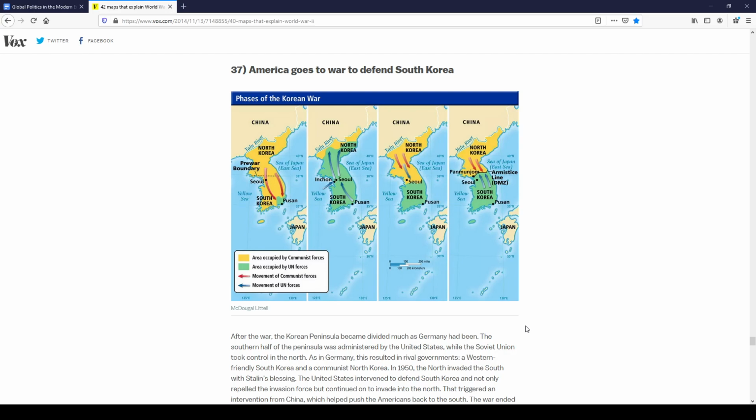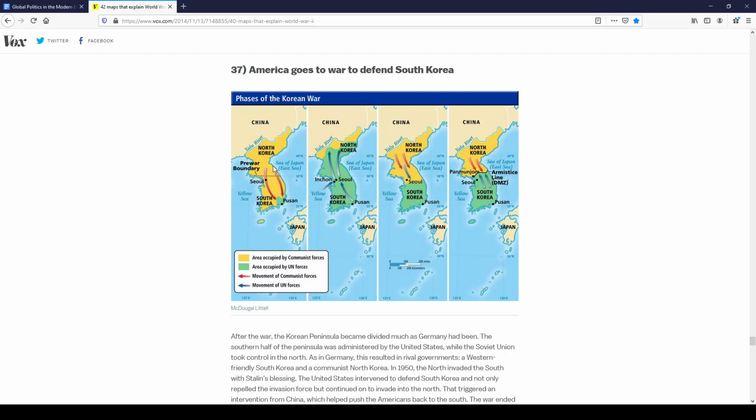It was a lot of wars by proxy. It was a lot of fighting the other side's proxy rather than fighting them directly. And Korea is, I would say, the kind of first hot battle of the Cold War.